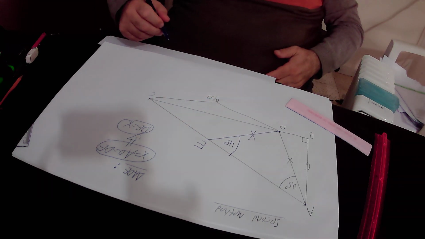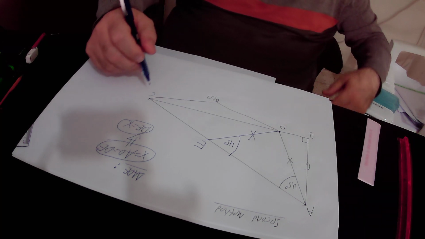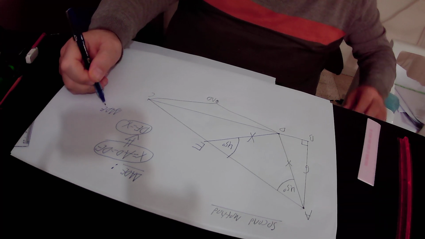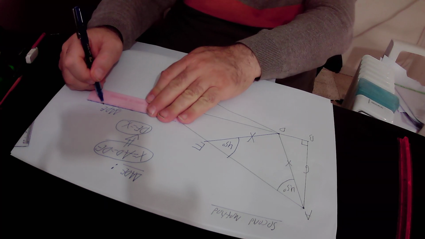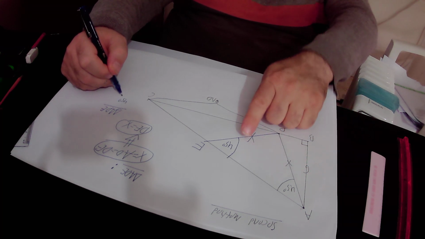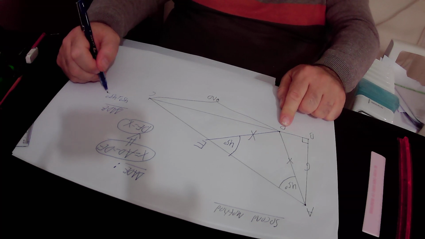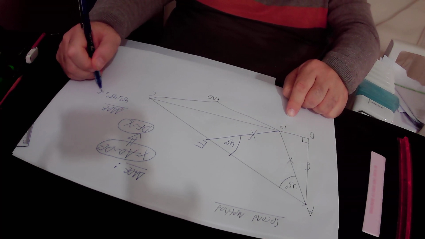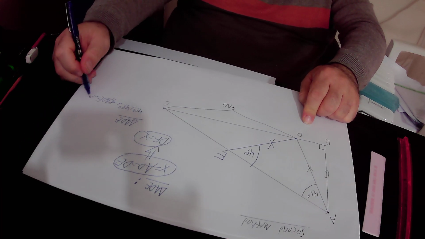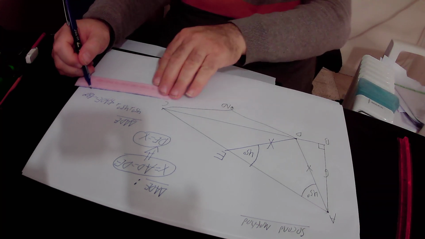And we also know that the sum of the angles in any triangle is equal to 180 degrees, so in triangle ADE, the sum of the angles must be equal to 180 degrees. So which angles do we have in triangle ADE? We have one angle that is equal to 45 degrees. This angle is also equal to 45 degrees. And the third angle is angle ADE. In total, the sum of those three angles must be equal to 180 degrees.